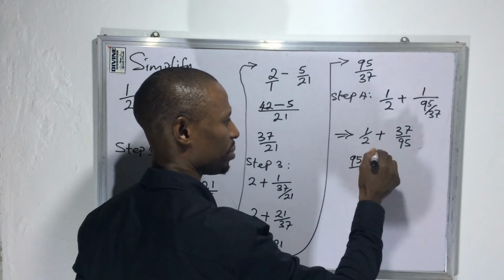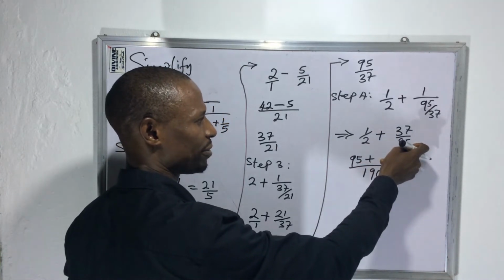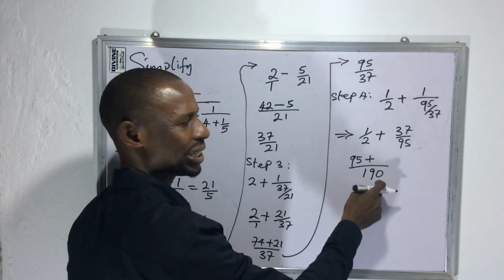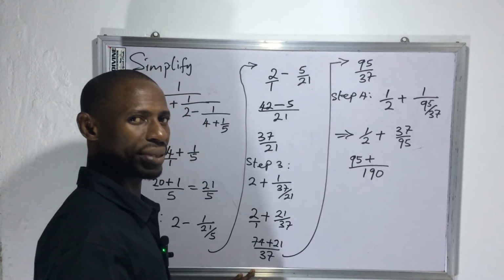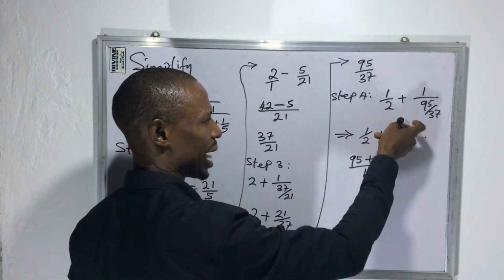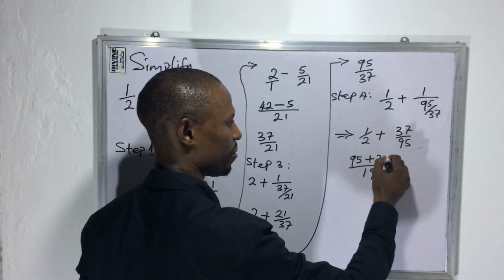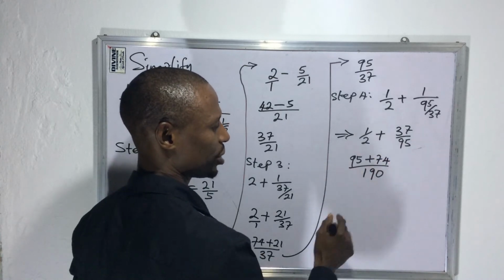Bring your plus sign. Plus, 95 into 190, we go into it 2 times. So 2 times 37 will give us 74. We can add these two together.